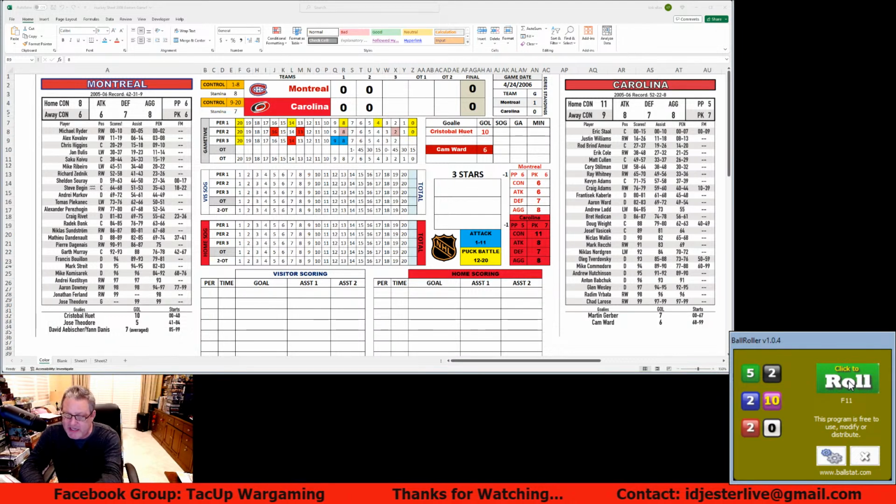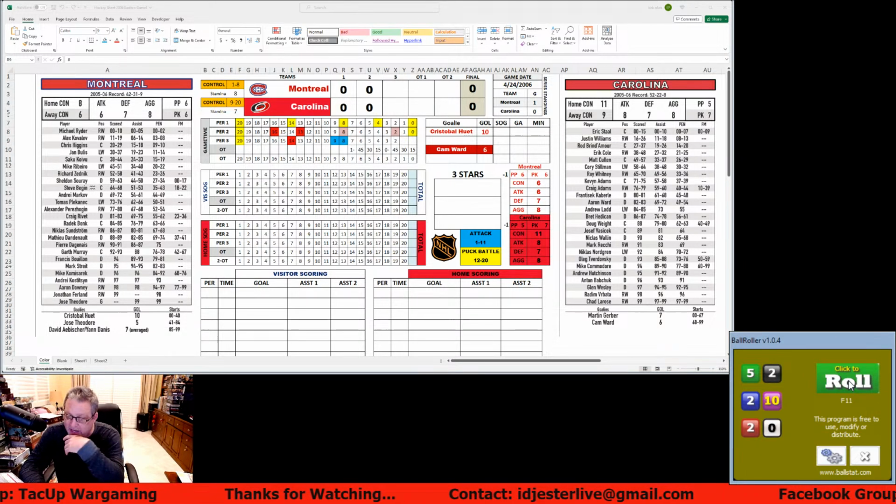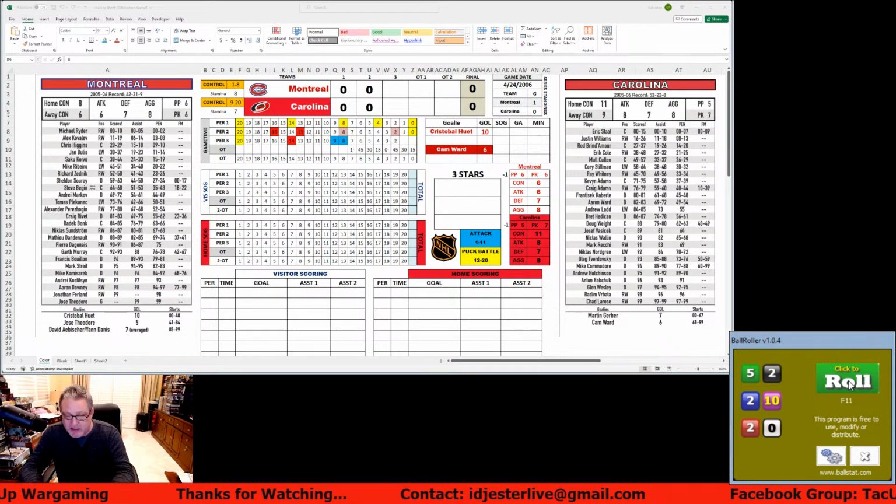A 20 is the penalty kill unit is a +1. It is going to be a crease chance. It's going to be a crease chance for Carolina.